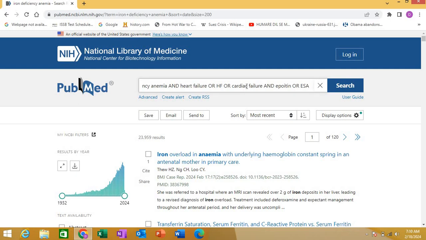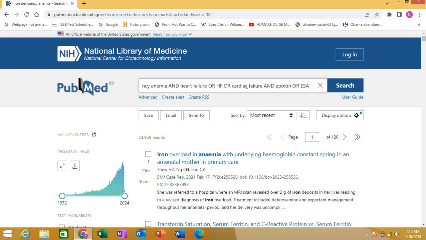NOT is used when you further wish to specify your search keywords and you do not wish to include a certain term. For example, I wish to see heart failure but not heart failure due to anemia.